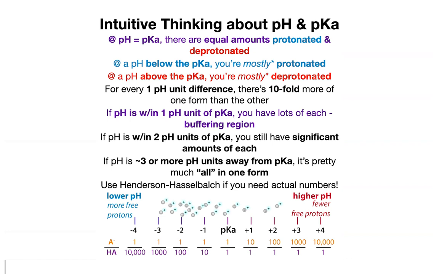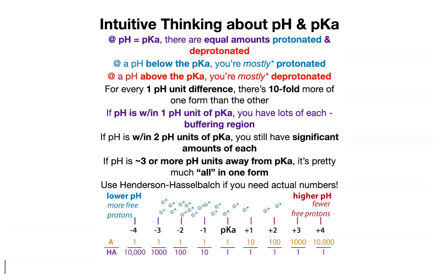So now we have the opposite situation. We're going to get 10-fold more of the protonated form, and then 100-fold more, and then 1,000-fold more, and then 10,000-fold more. And so basically, if we're a couple units away from the pKa, we don't even need to use the Henderson-Hasselbalch equation to know that almost all of it is going to be in one state.